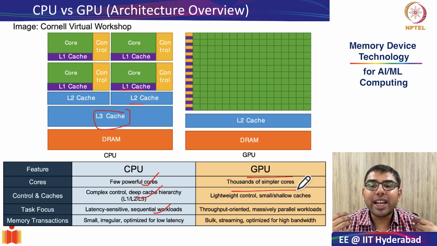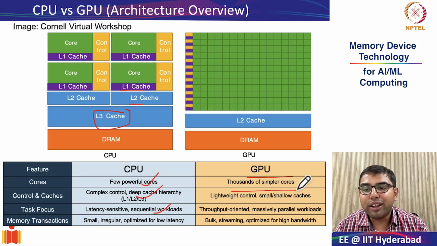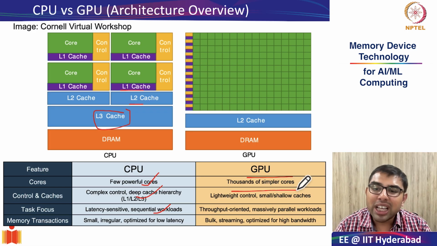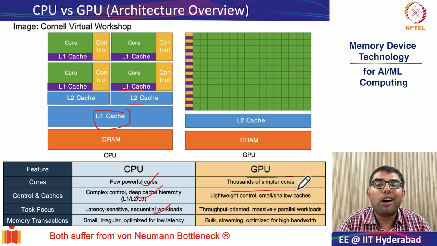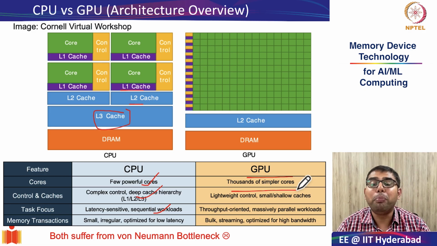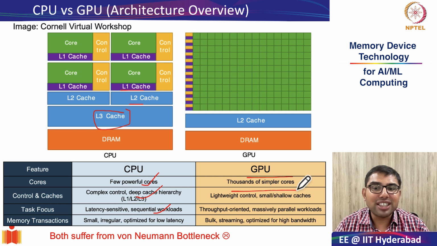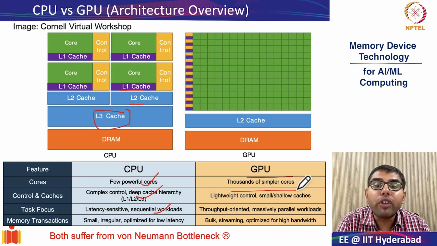However, despite this big architectural difference, CPUs, GPUs, and also TPUs ultimately face the same issue of the von Neumann bottleneck. Try to recall what the von Neumann bottleneck is. It is the limitation that computation speed is constrained by how fast data can be moved between memory and processor.